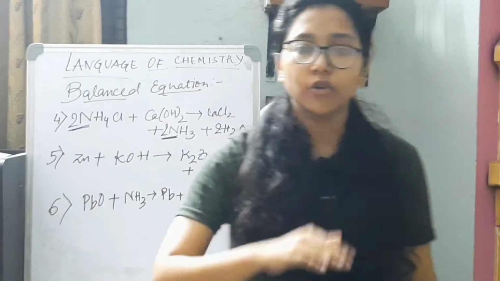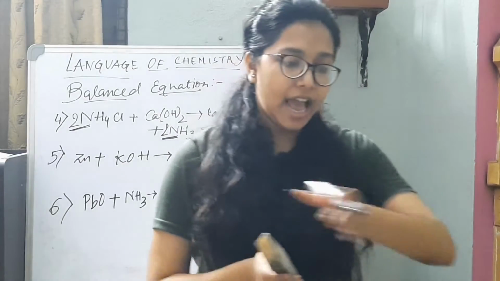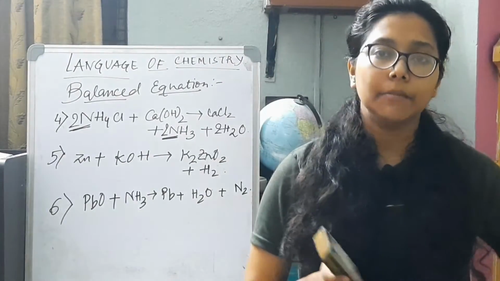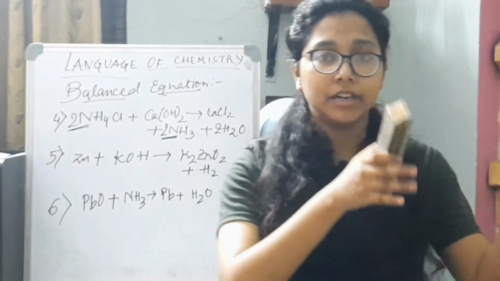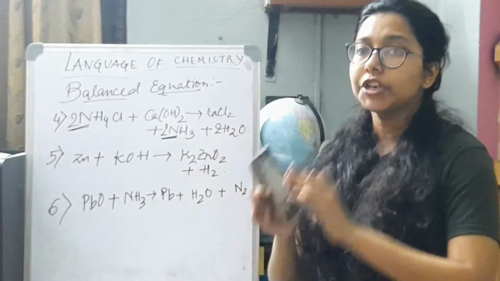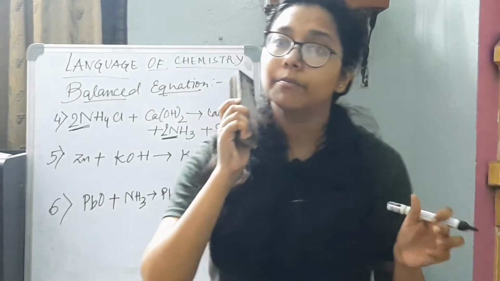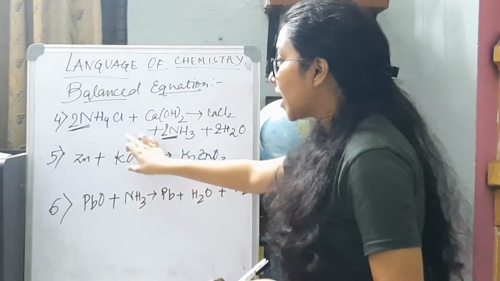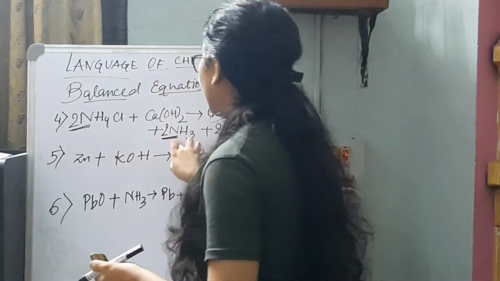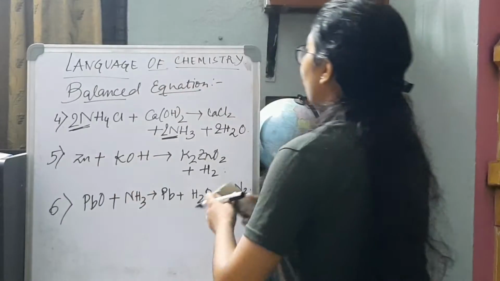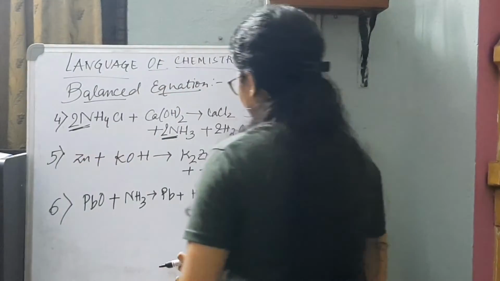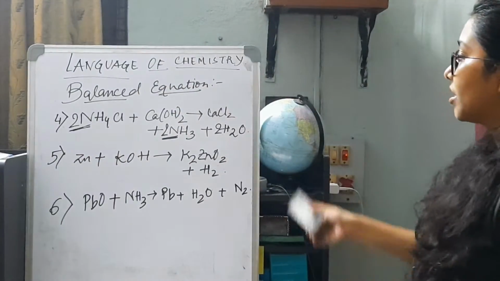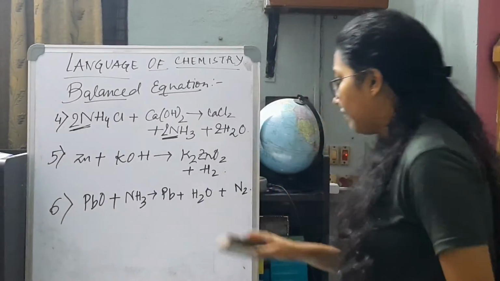It's not like you balance the second one and, as a result, the first one becomes unbalanced. So both should be kept in mind and accordingly you should proceed. That is tip number 2, and that is how we ensured that they became equal the moment we went to the hydrogen part.